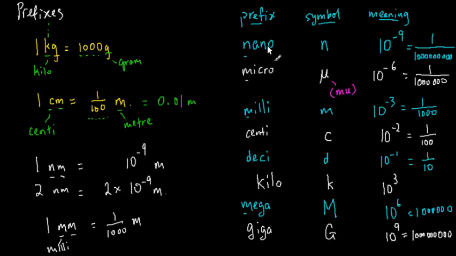Now, how do we actually use this? We've already seen an example of how this is used. You just put it in front of an SI unit or base unit, and then you can work out what it means just by putting in the meaning, which is a number, in front of the SI unit.